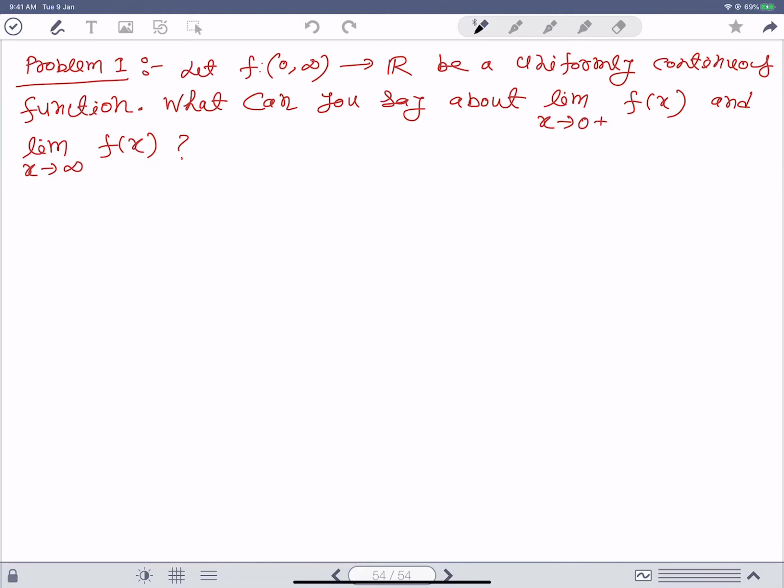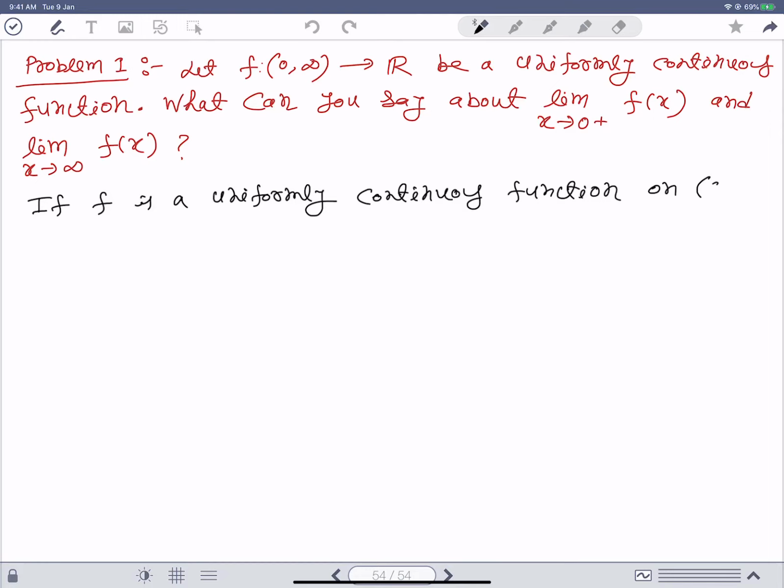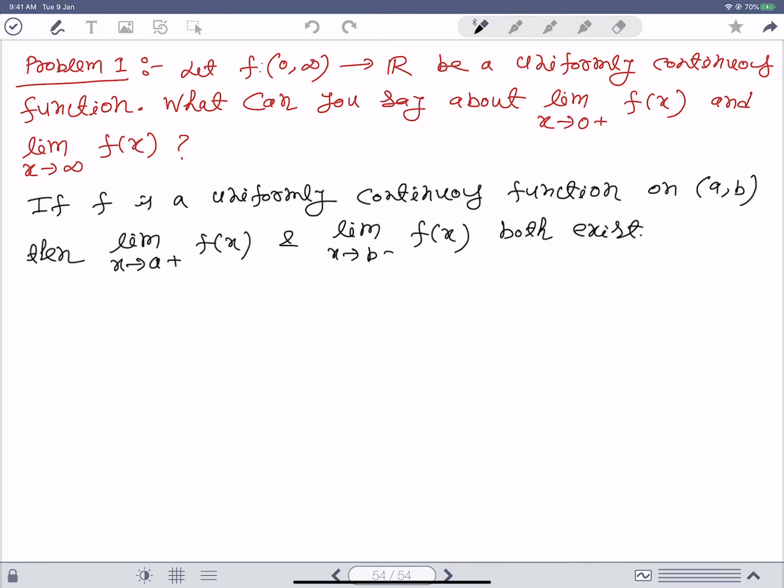Now first of all, you can easily observe that if f is a uniformly continuous function on some open interval (a, b), then the limit as x tends to a plus of f(x) and the limit as x tends to b minus of f(x) both exist.